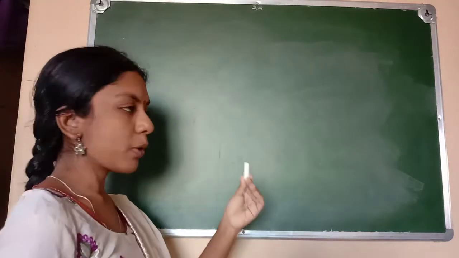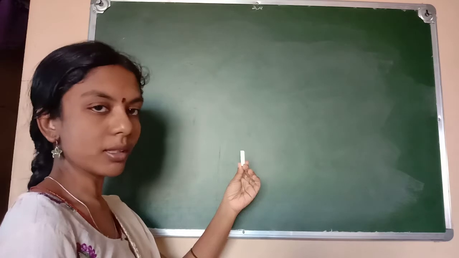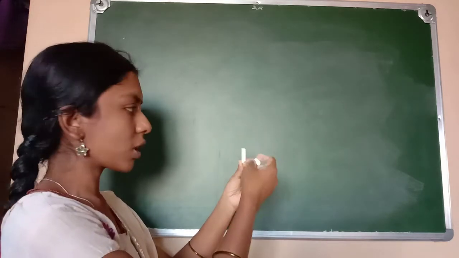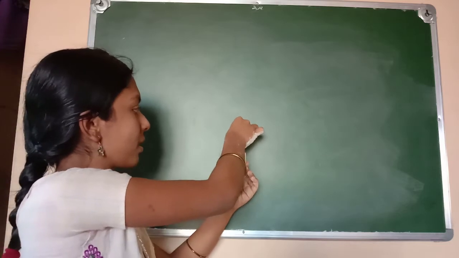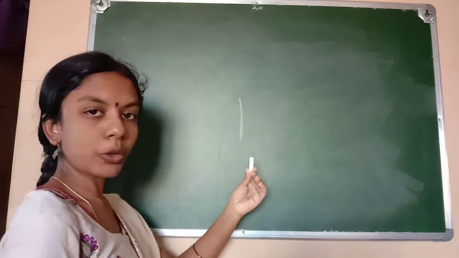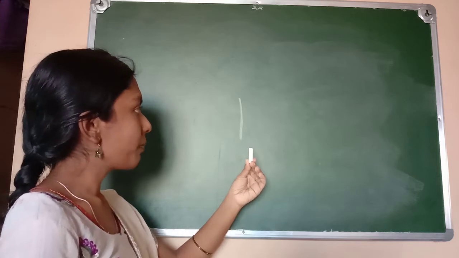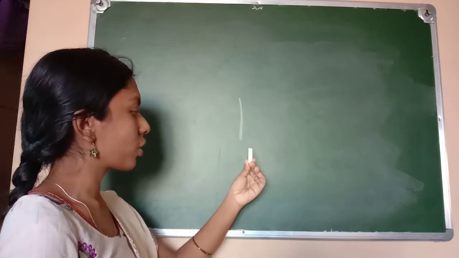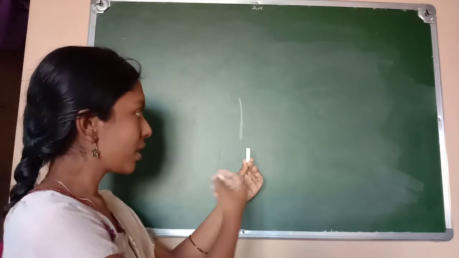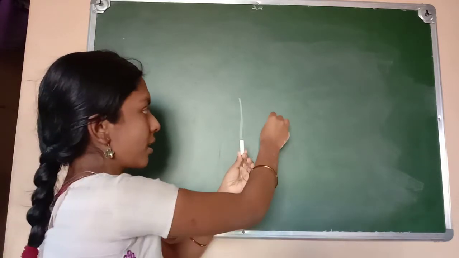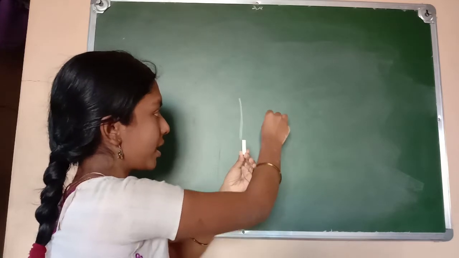So, I am holding a chalk here. When you see the chalk with both your eyes open, maybe the chalk appears to be here. You can try it. Then you try to close your left eye, and if you see the chalk with just the right eye, the chalk might appear somewhere here.